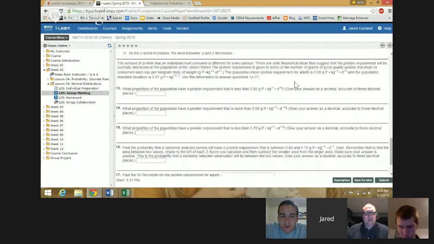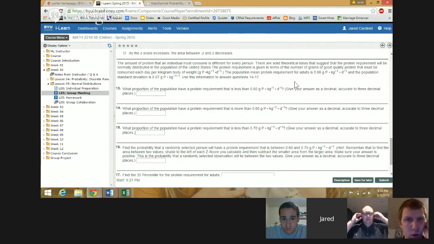The amount of protein that an individual must consume is different for every person. There are solid theoretical ideas that suggest that the protein requirement will be normally distributed in the population of the United States. The protein requirement is given in terms of the number of grams of good quality protein that must be consumed each day per kilogram of body weight.